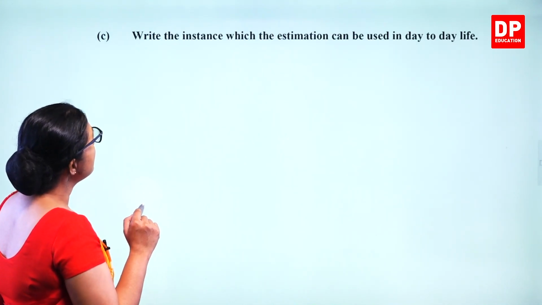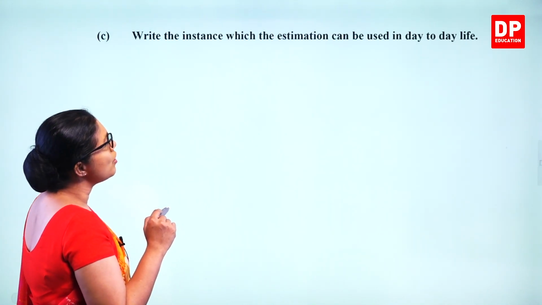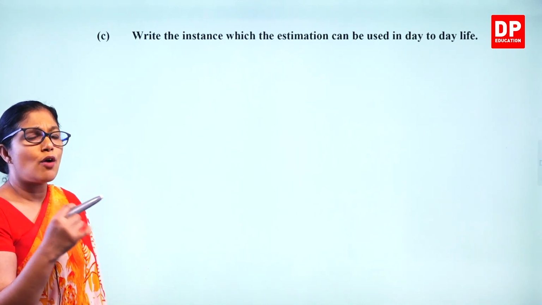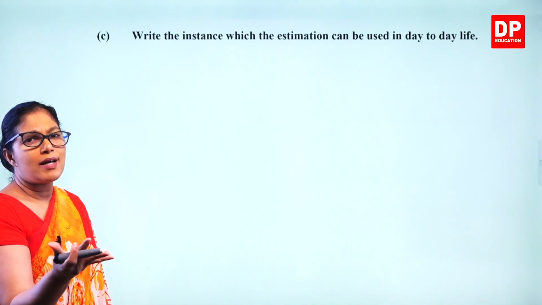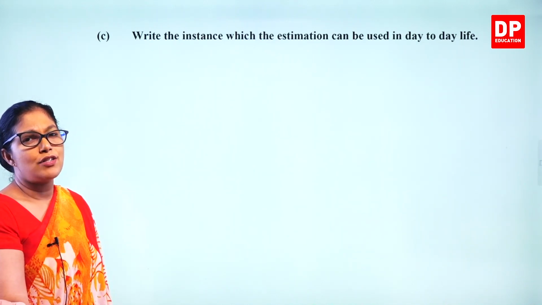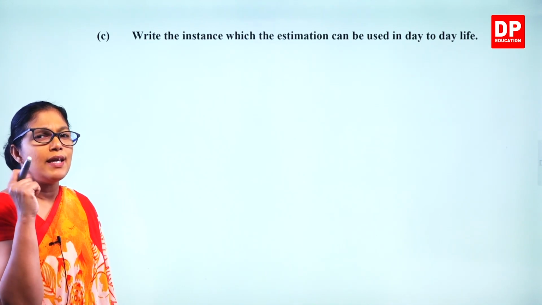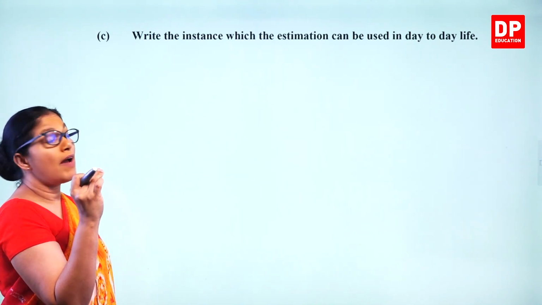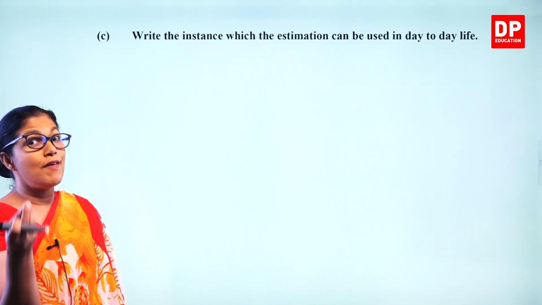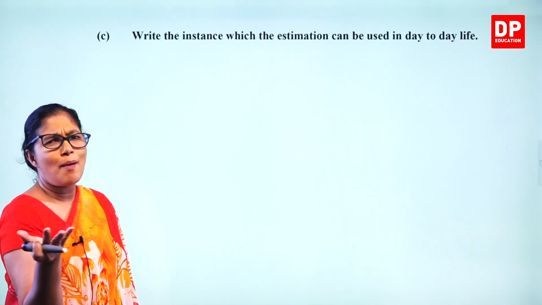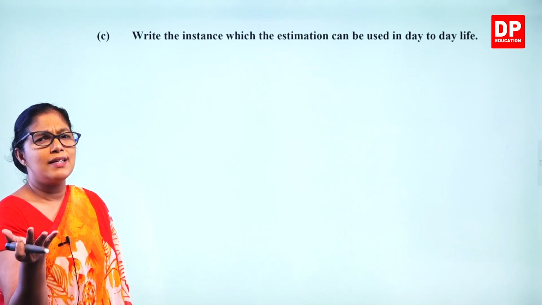Part C. Write an instance in which estimation can be used in day-to-day life. Why are we estimating? Think about when you go to the market and buy items. Before paying, you can roughly calculate the value and see whether you have enough money. That's one example. Every day we are doing that.